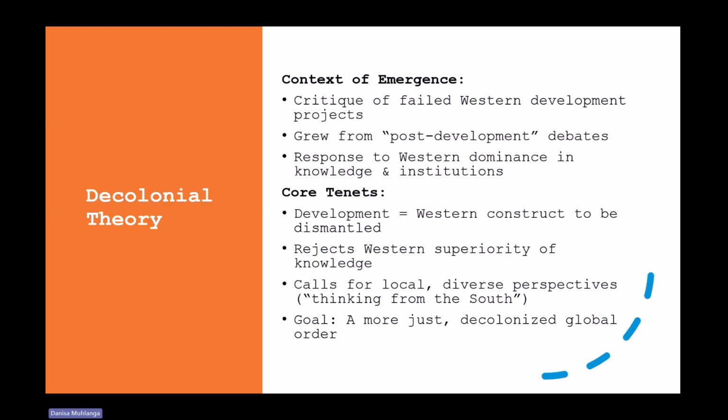So this theory insists on challenging Western values and prioritizing local, non-Western perspectives on what constitutes a good life and positive change.